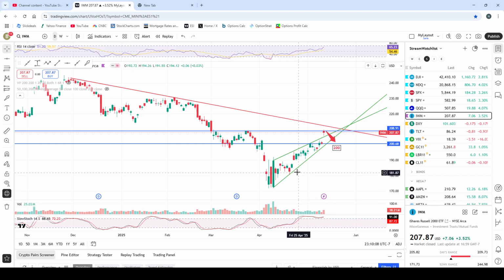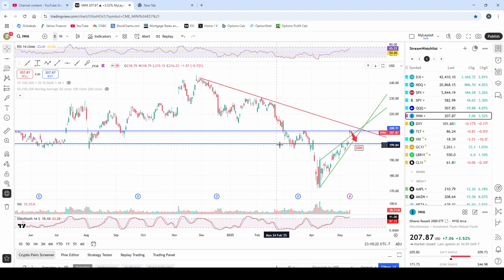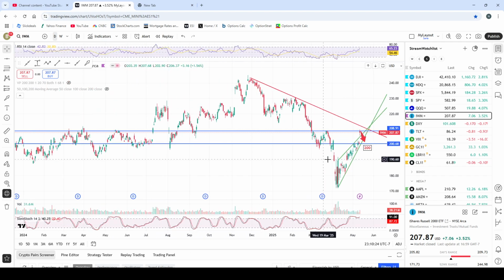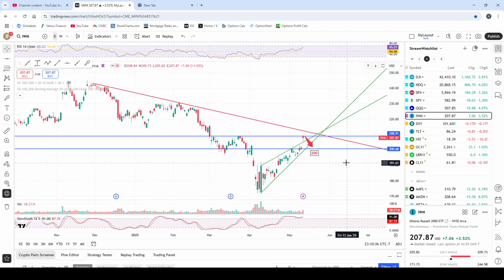And because the previous high right here correlates to these two, and it has also been passed through by a lot of other candles before, it is a good support point that we can pick. So I expect a pullback for these ETFs.